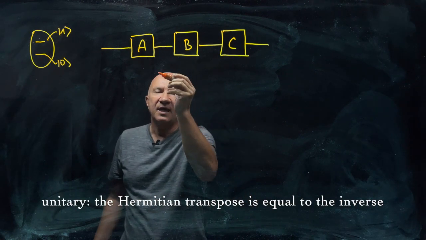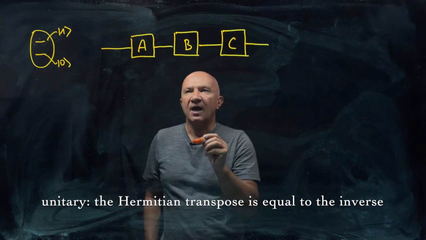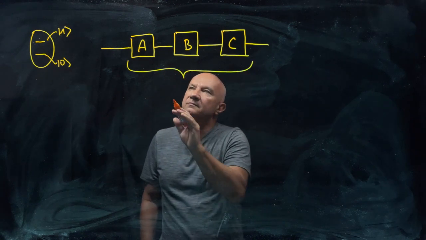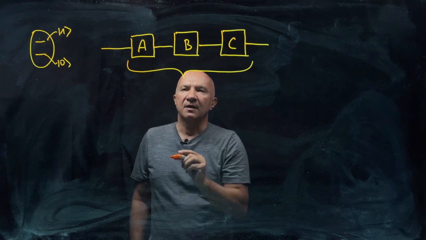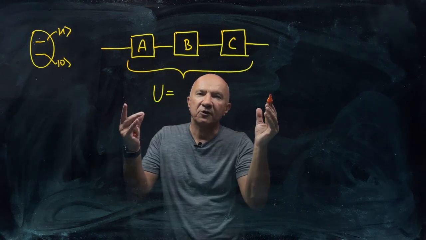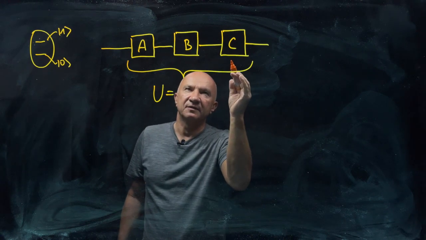So A, B, and C are unitary matrices, and we know that the overall operation, the result of A, B, and C, is another unitary matrix, which is the product of the three. Do remember, we write them in the reverse order.